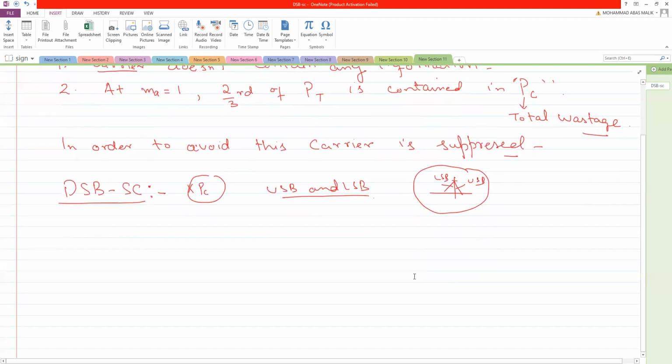Now, how can you generate this? Generation of double sideband suppressed carrier. First one, which we have already studied, is the balanced modulator.